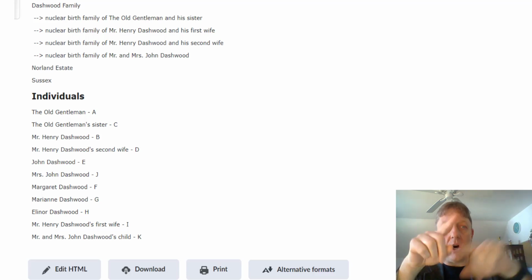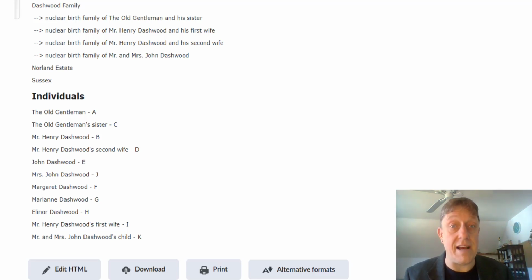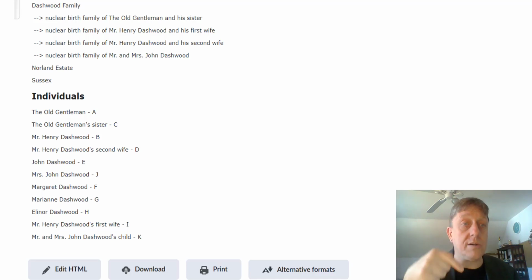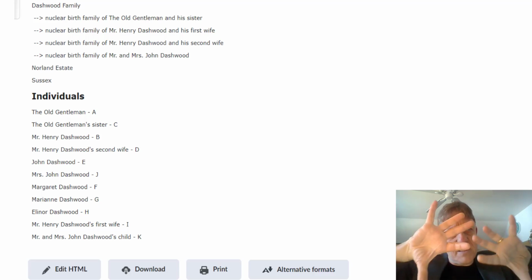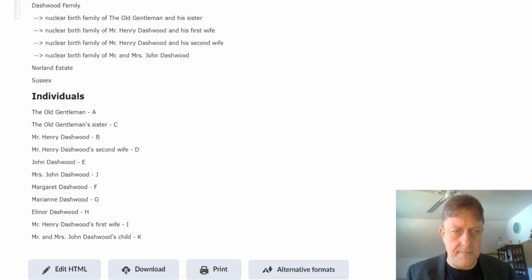And these are all overlapping groups where there are some individuals, such as Mr. Henry Dashwood, who's in two of those. Mr. John Dashwood would be in the nuclear birth family of Mr. Henry Dashwood and his first wife, but also a member of his own family. So there are overlaps, but there are these subgroups that fit underneath the Dashwood family. And then there are individuals.